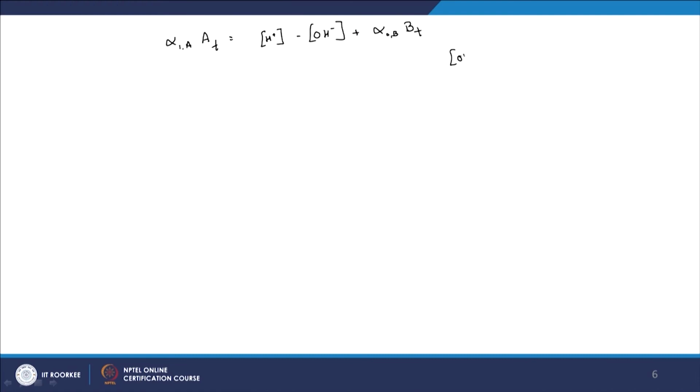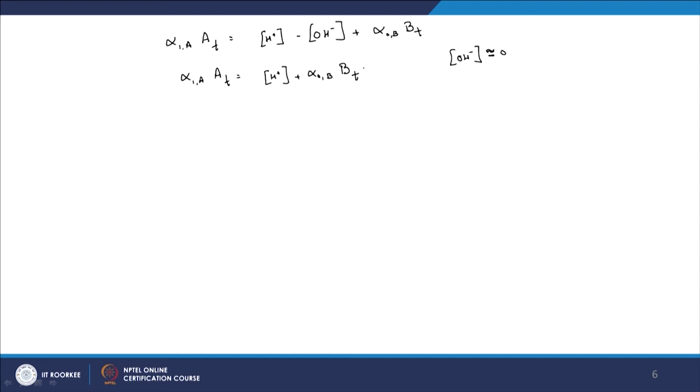The OH minus concentration is negligible because we are adding an acid and the pH will be relatively low. We are now left with alpha 1 of A into A total is equal to concentration of H plus, plus alpha naught of B into B total.